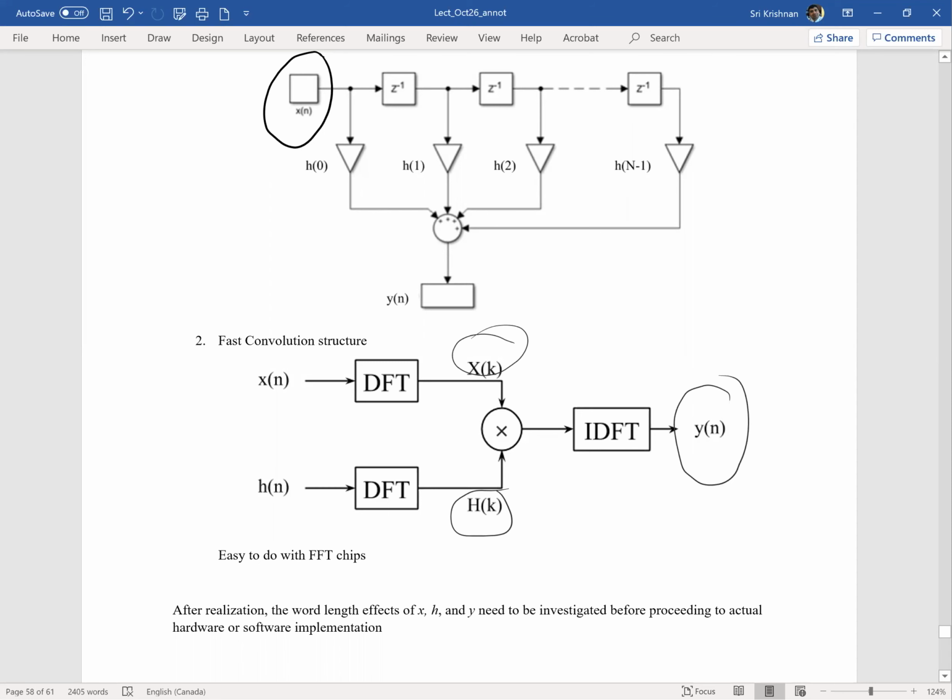So it's another way of implementing the filter structure, and in fact there are integrated circuits which do FFT very efficiently and very fast.